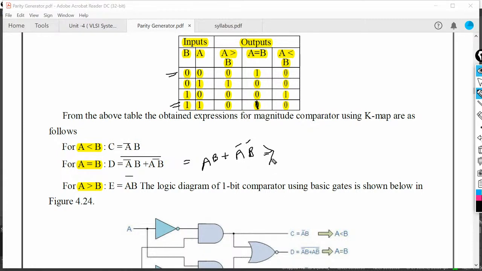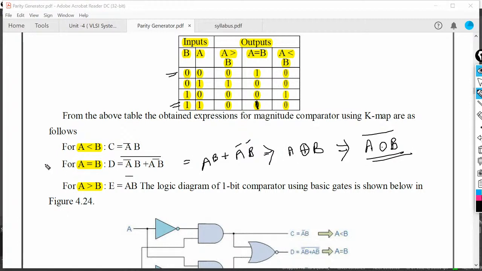This one is nothing but the XNOR output. And we know that we can represent the XOR output as the complement of XNOR. So if we take the complement of XNOR, then we will get the XOR.